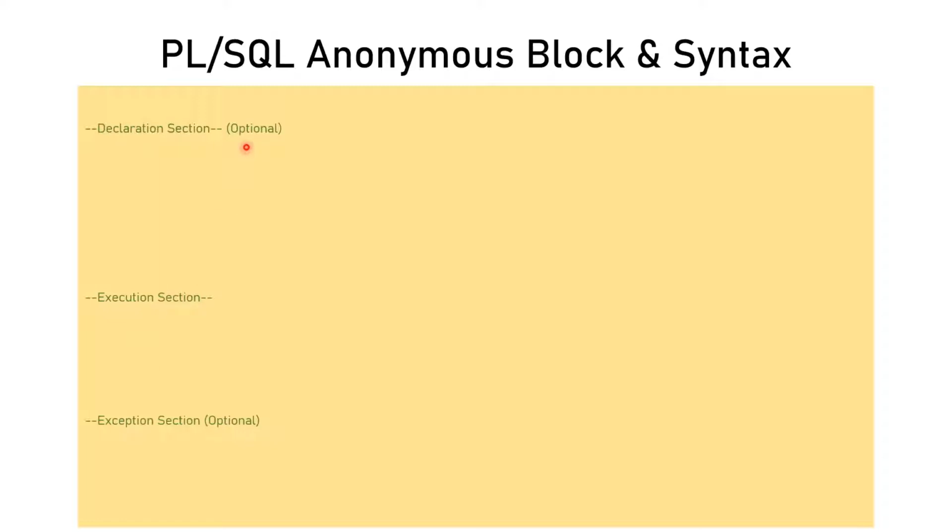And as you can see, I have written down optional beside both the declaration section as well as the exception section. It is entirely possible to write down a PLSQL program block that does not require any additional variable declaration, right? So this declaration section is completely optional.